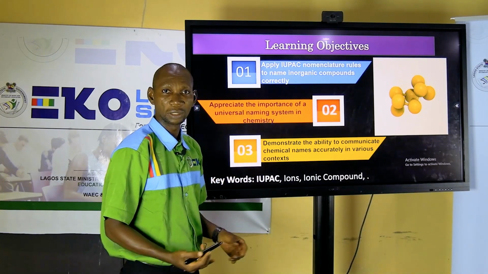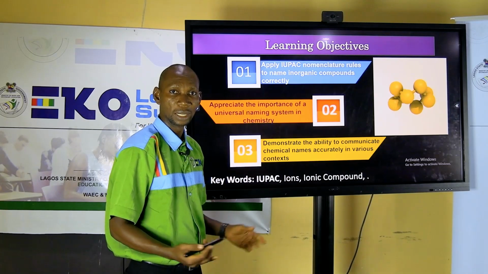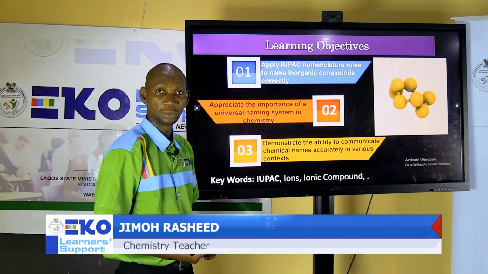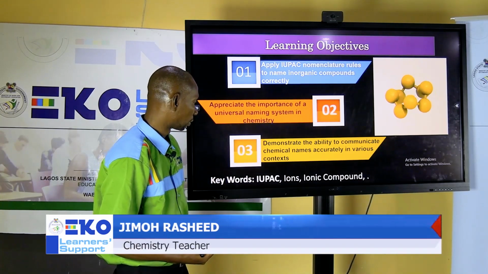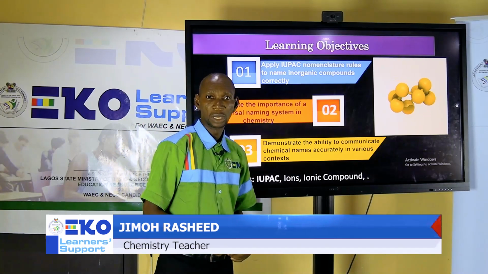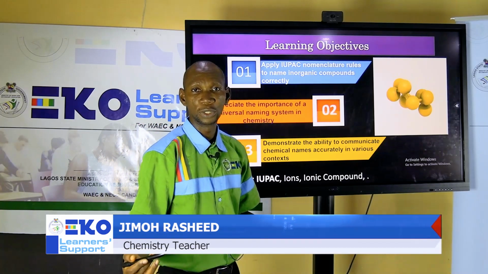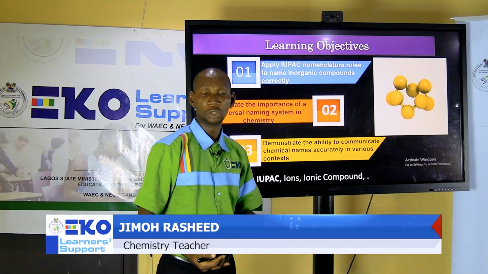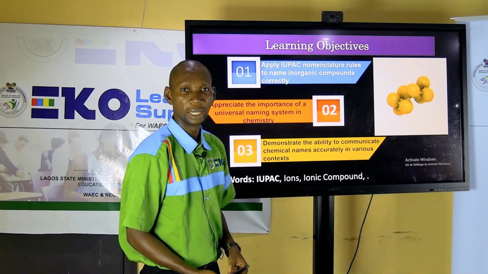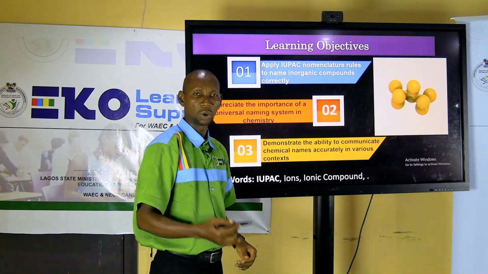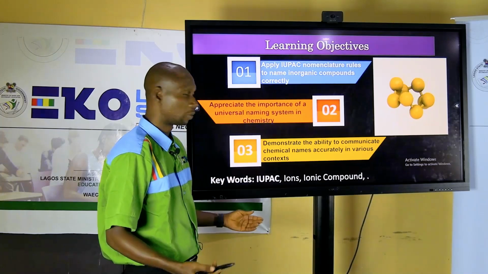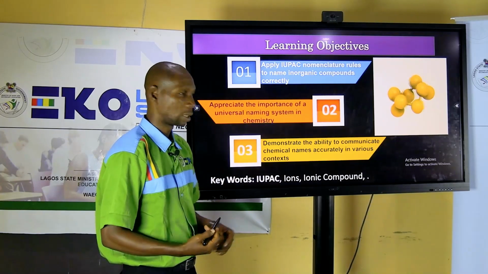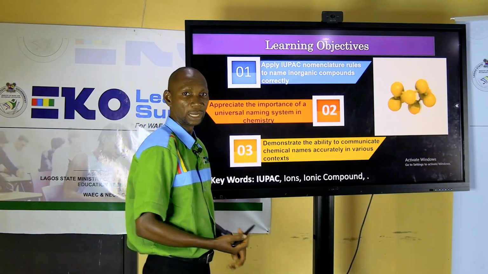We have the cation, which are the positively charged ions, as well as the anion, which are negatively charged ions. And ionic compounds are compounds that are formed as a result of combination between a metal and a non-metal. I want you to write the definition of these key terms down, as they will help you to understand the topic.